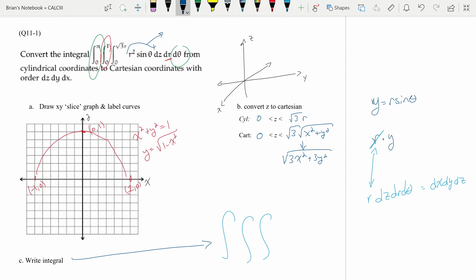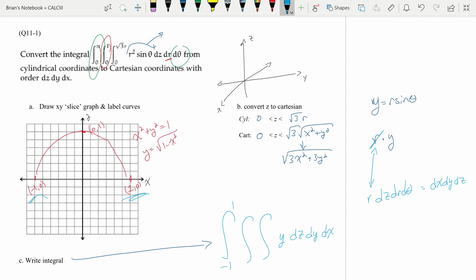So on the inside, we have y, and we could choose any direction we want. Let's keep it like dz, dy, dx, because I think that might help us best in the long run. Okay. So now we just have to get our bounds. We start with our x. Our x, you can look at it on our graph, goes from negative 1 to 1.